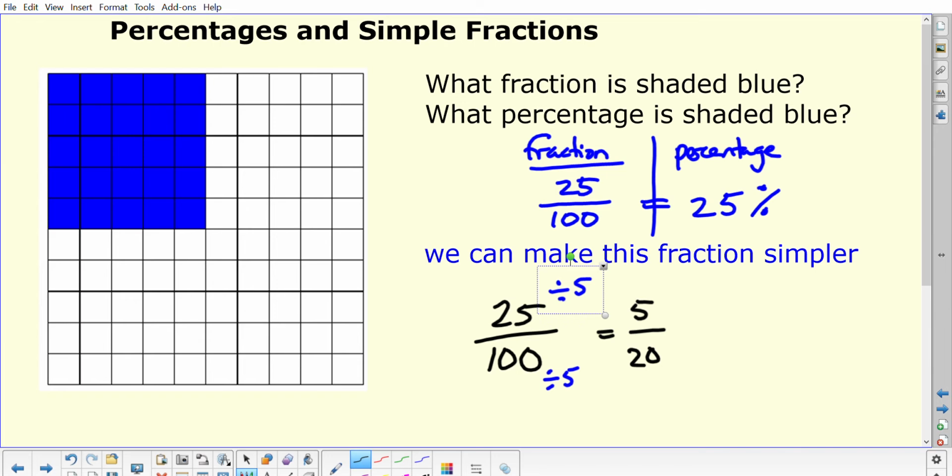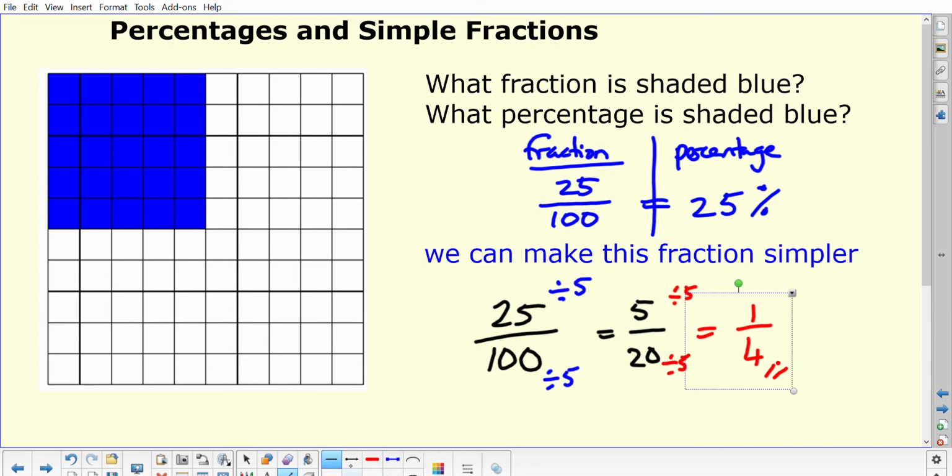However, this fraction can still be divided by 5 again. So 5 into 5 is 1, 5 into 20 is 4, and you get the fraction a quarter.